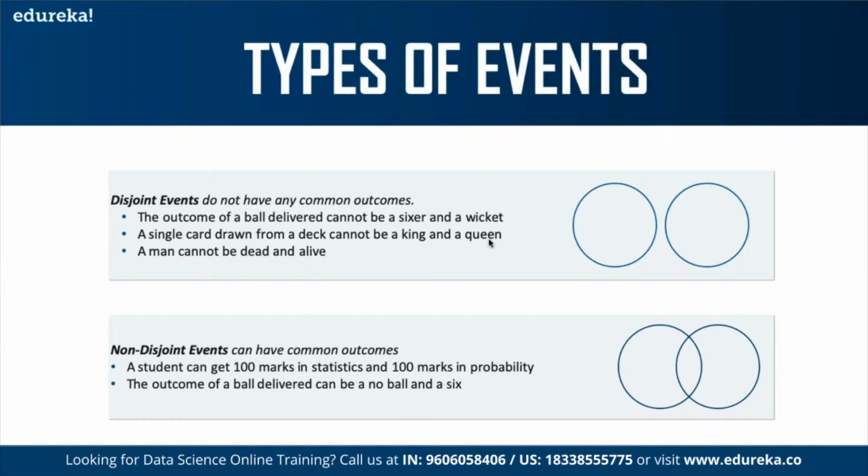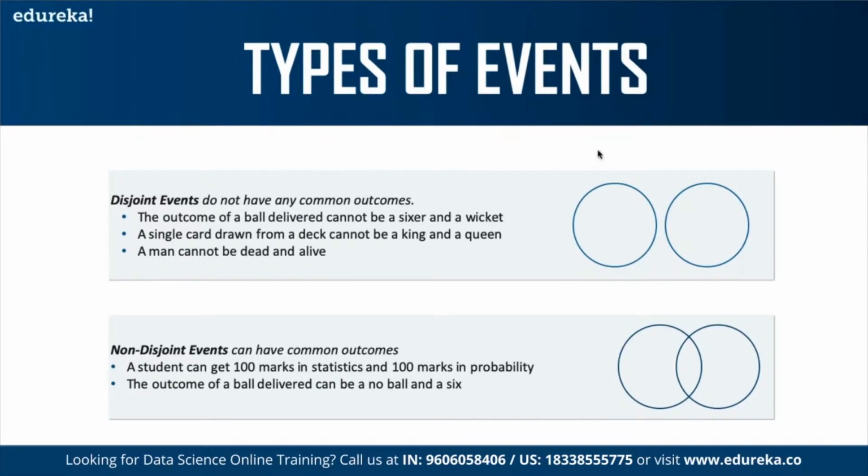And for example, a simple use case is when we have disjoint events, for example, we have one event for 6 and one event for wicket, right? So they cannot be overlapped. If it is a 6, it cannot be a wicket. And if it is a wicket, it cannot be a 6. That's why these disjoint events cannot be overlapped, right? A single card drawn from a deck cannot be a king and queen both.